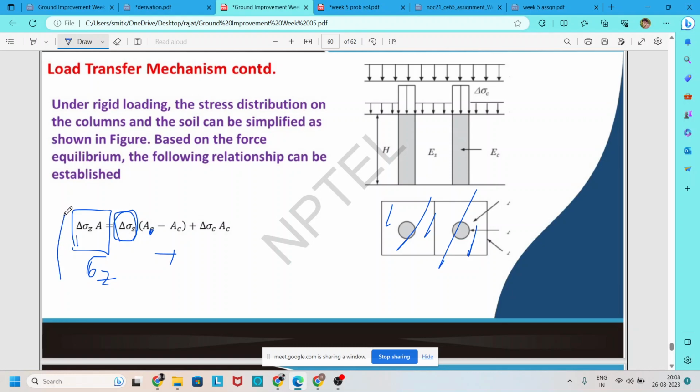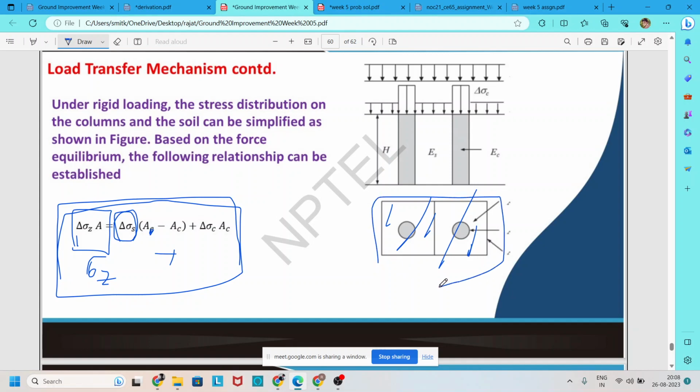By this we can find out the total load or total force applied on one unit cell or one composite material for rigid loading.